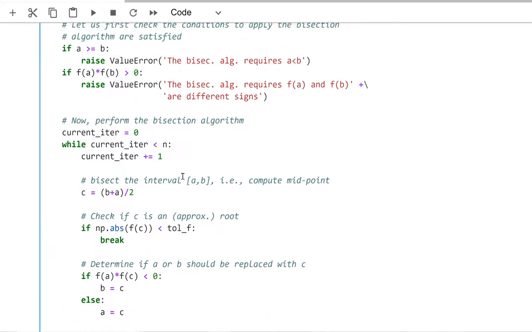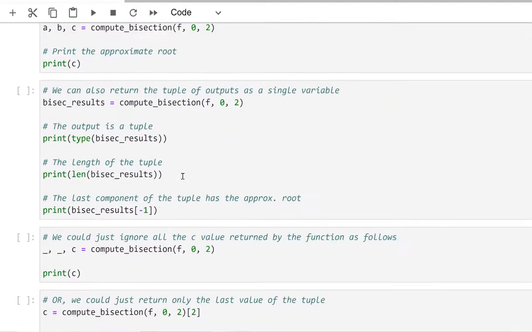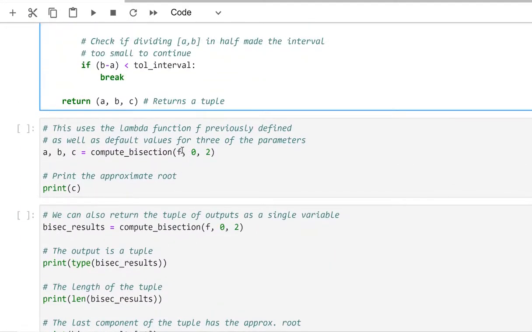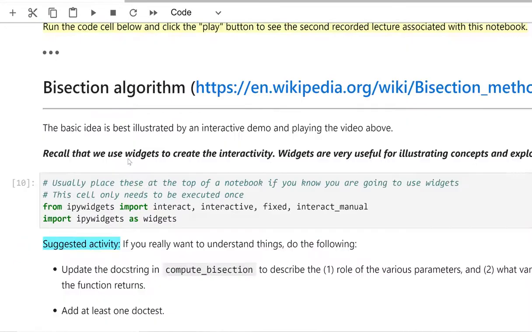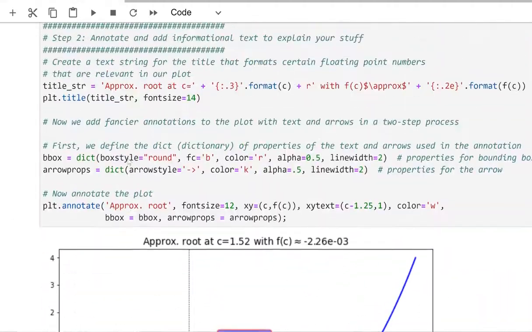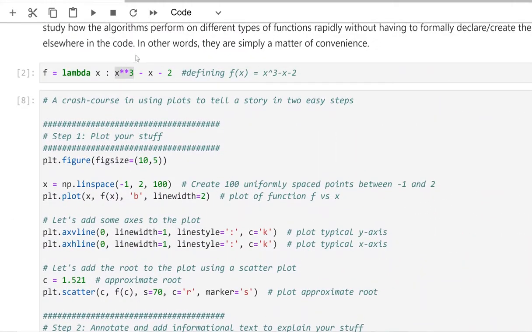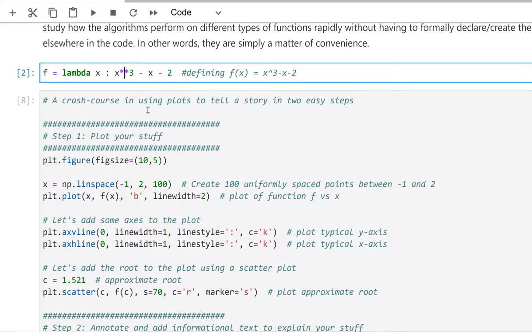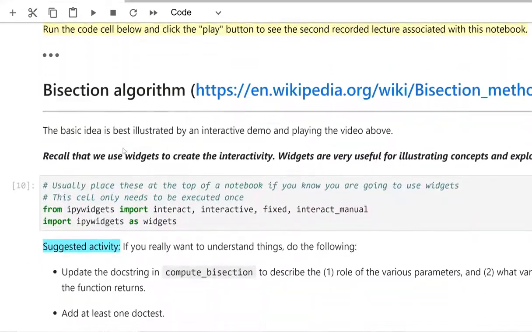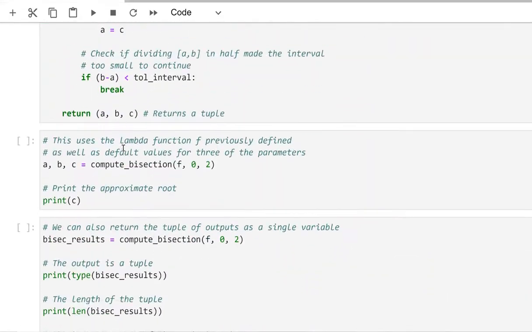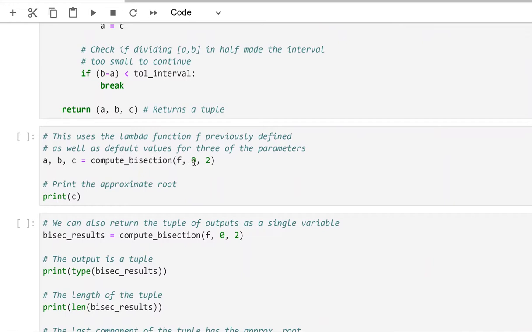So I've already run this, and now we can see it in practice. I'm using that same function f that was defined in the previous part of this notebook, which was given by this lambda function x cubed minus x minus 2. I haven't updated it since then. So now I want to compute the bisection, and I'm going to use the interval 0 to 2.